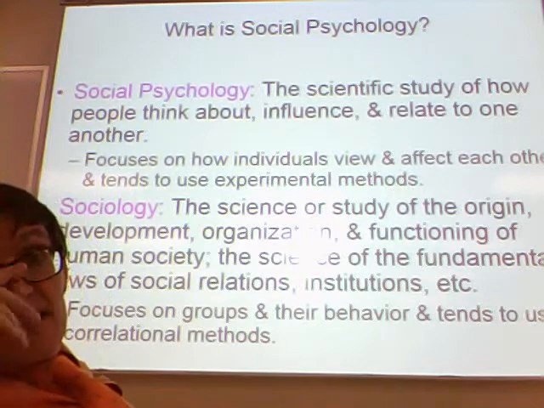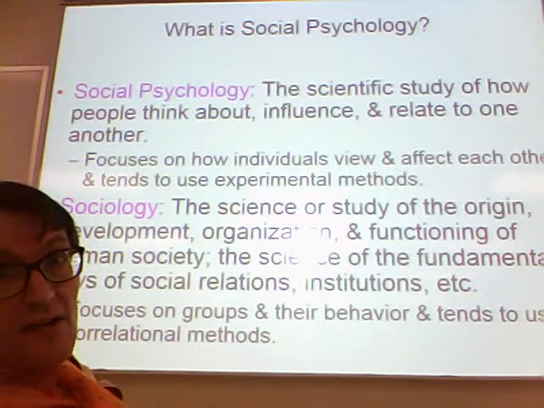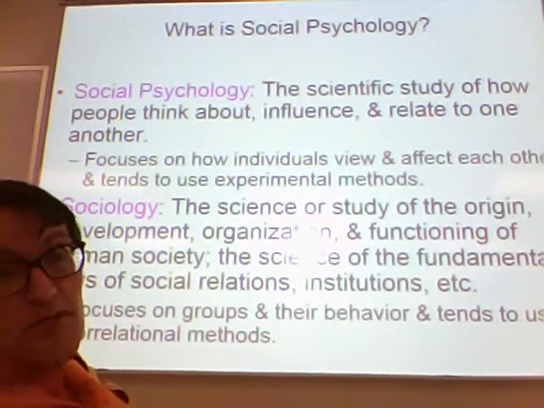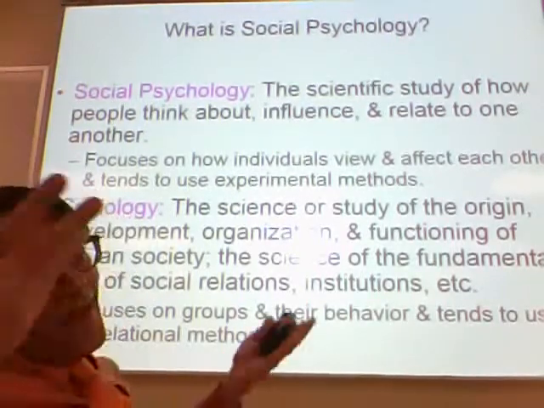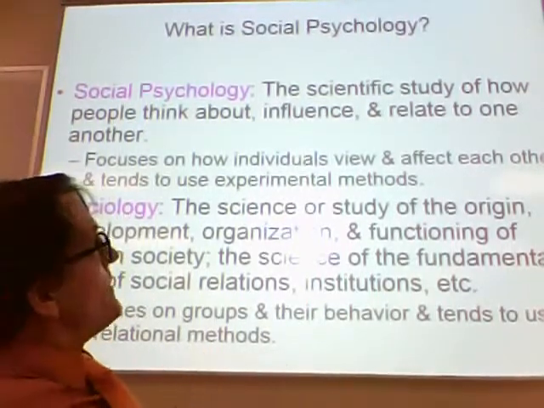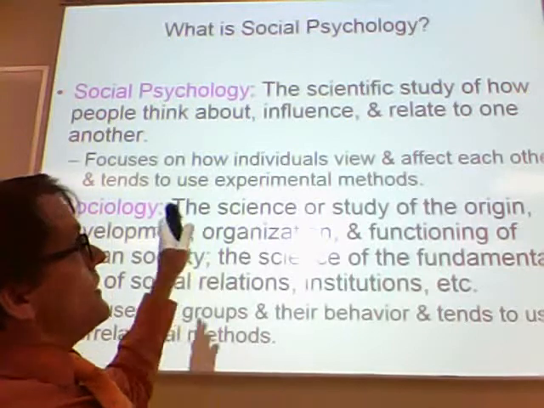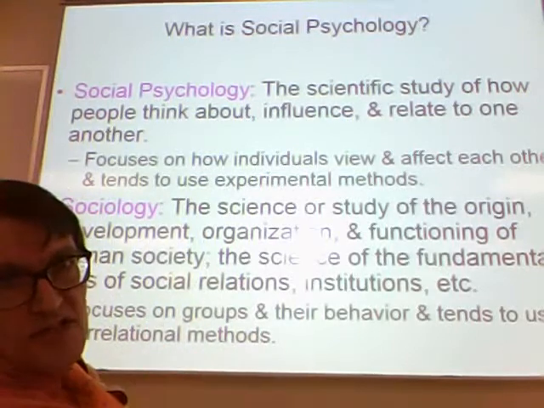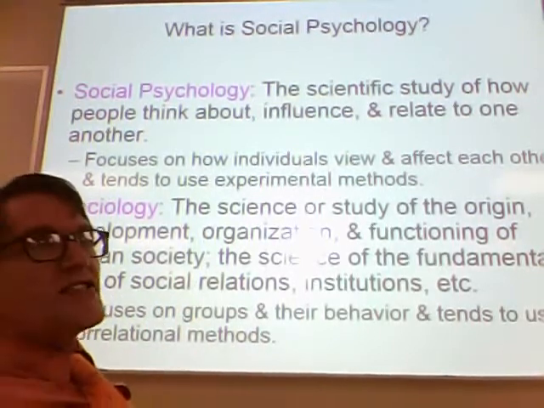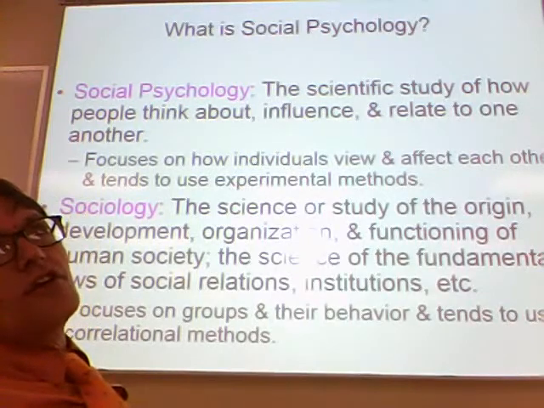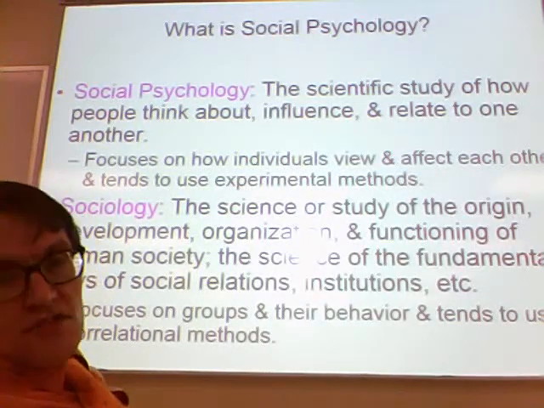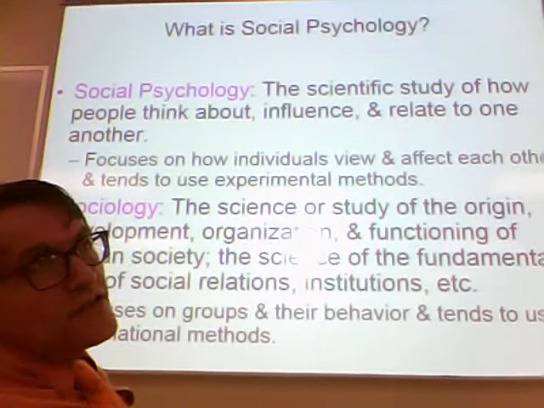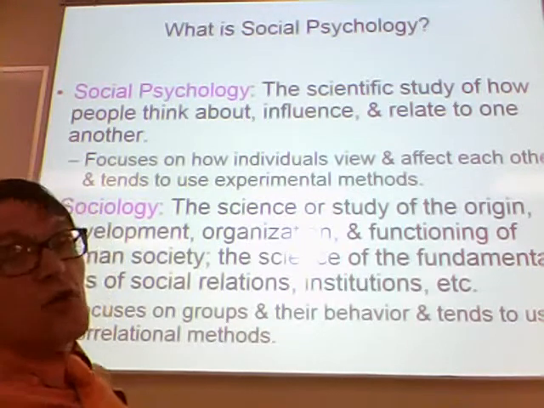Social psychology is distinctly different from sociology, even though in a sociology department they teach social psychology. I know, how confusing. But fundamentally, social psychology is the study of how human beings become different people in the presence of others, whereas sociology is much more likely to focus on the behavior of a group.